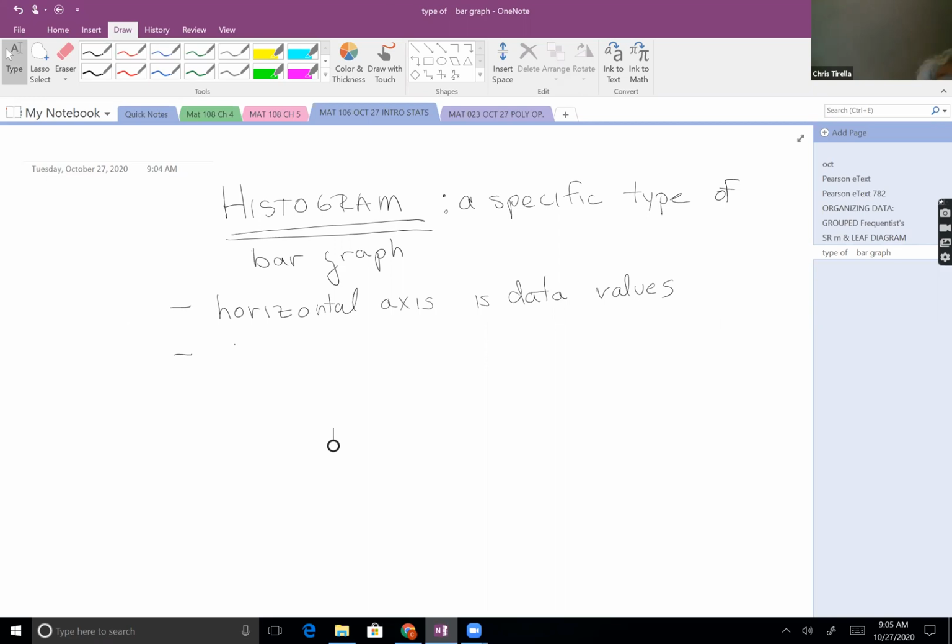The vertical axis has to be the frequencies. The height of the bars has to represent the frequency of the data value.